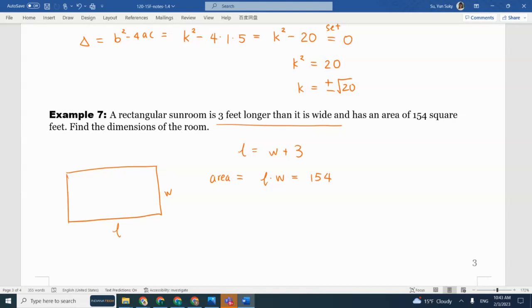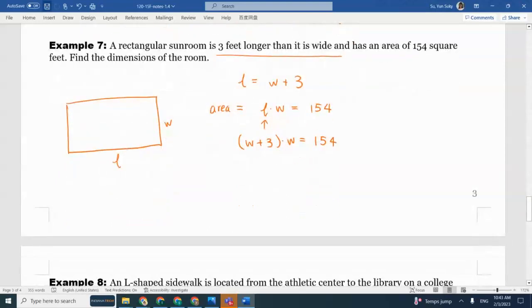Do you see L is W plus 3? Maybe we should plug in here. Then we can eliminate the L. Right, everybody? So substitute. L is W plus 3, times W is 154. Now, do you see this is a quadratic equation? So what do we do? Peter, what do we do?